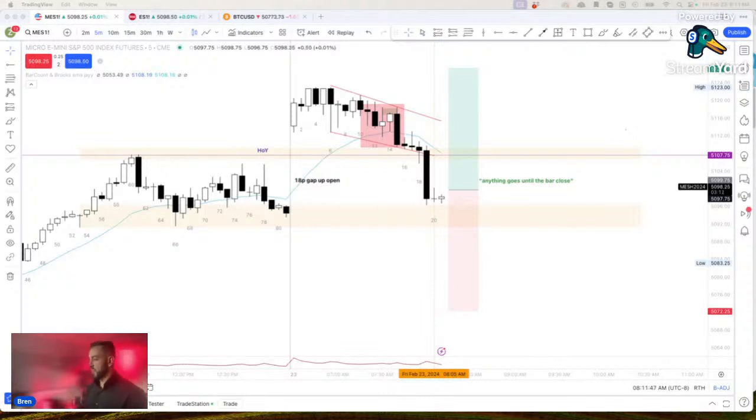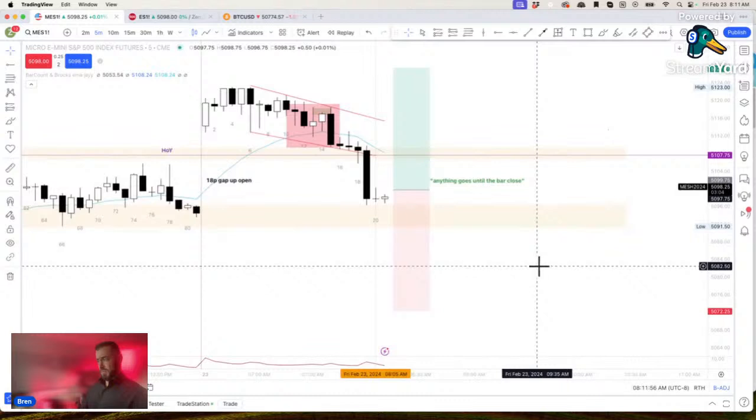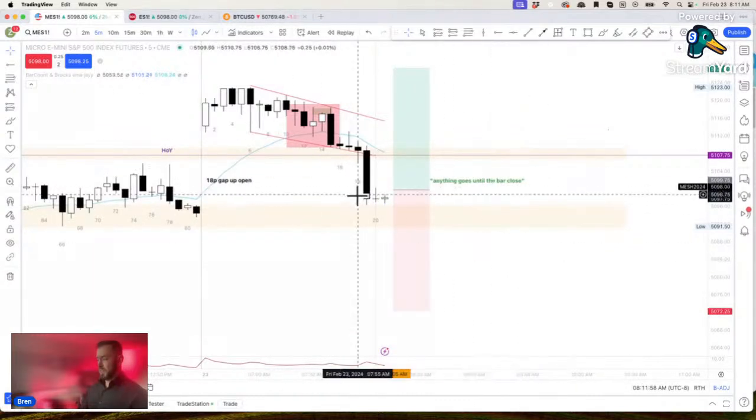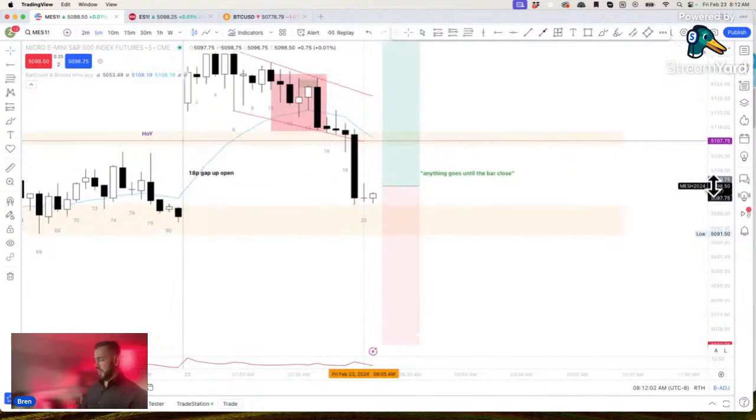Now maybe we go sideways for a little bit and then we push up. That's a possibility. But if I'm looking to buy, which I am, I've got to see more conviction from the bulls than this. This is nothing. This is a little doji candle. Look at the bar body. Nothing.